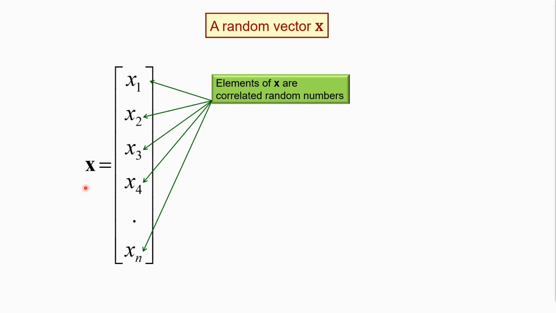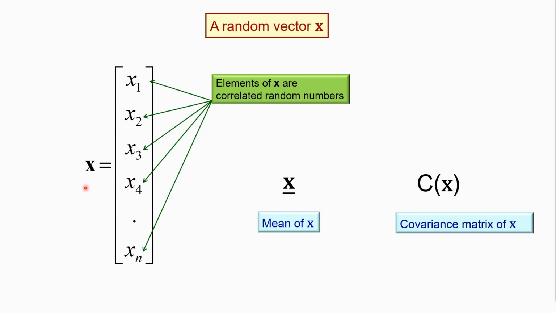As such, to characterize the stochasticity of this random vector x, we need to know its mean and we need to know its covariance matrix. The same principles apply in n dimensions as applied in the smaller number of dimensions that we were discussing a moment ago.